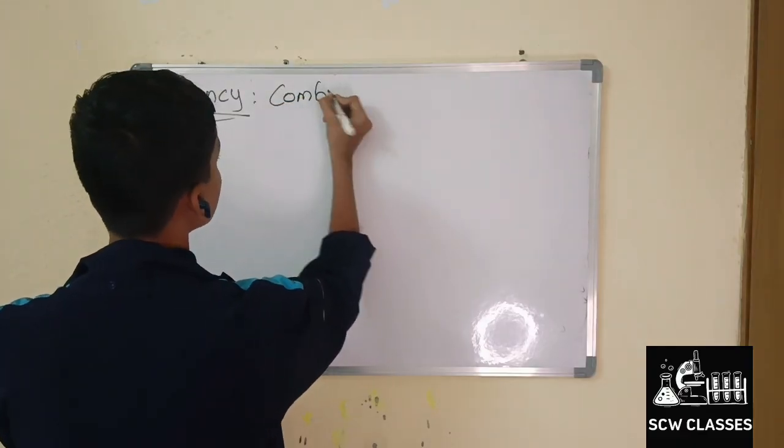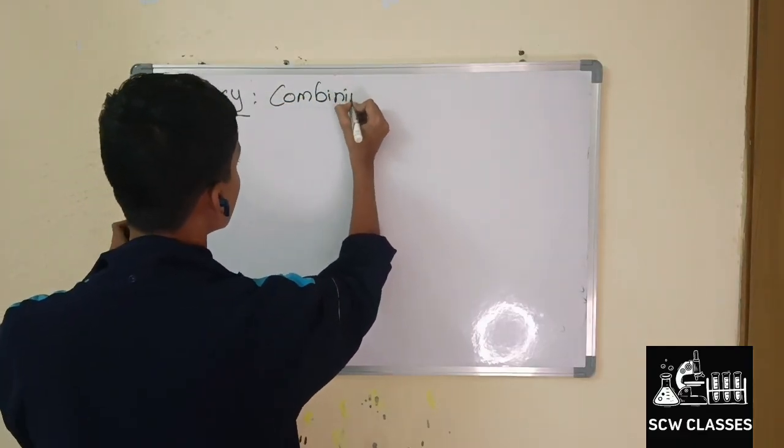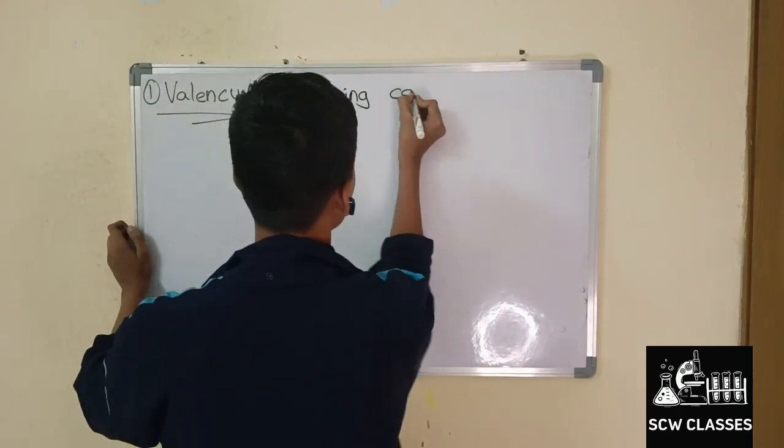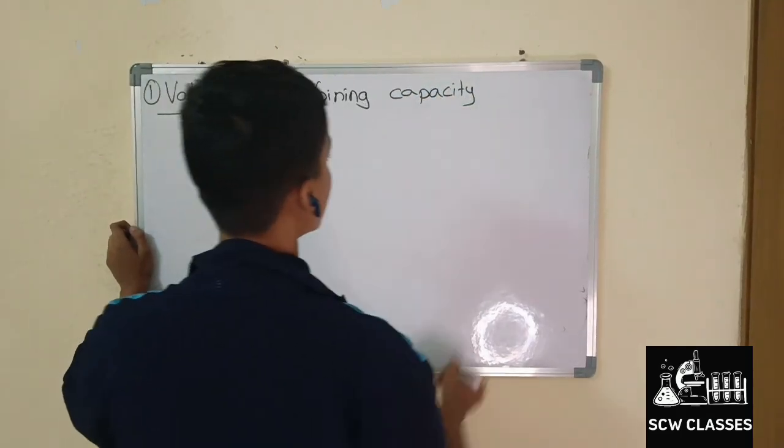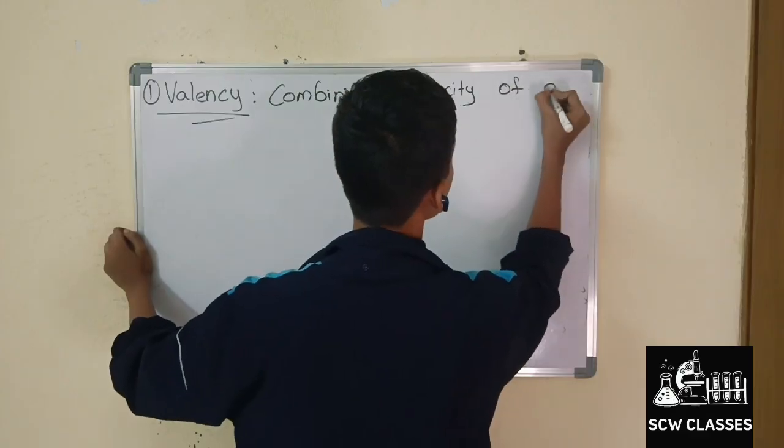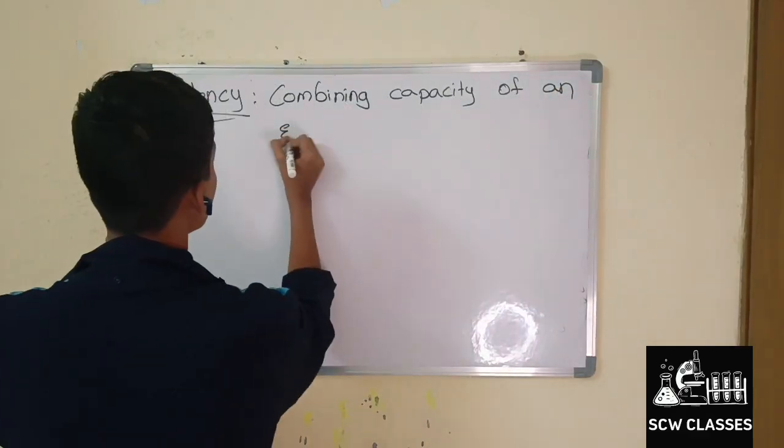As per the old books, the definition of valency is the combining capacity of an element.